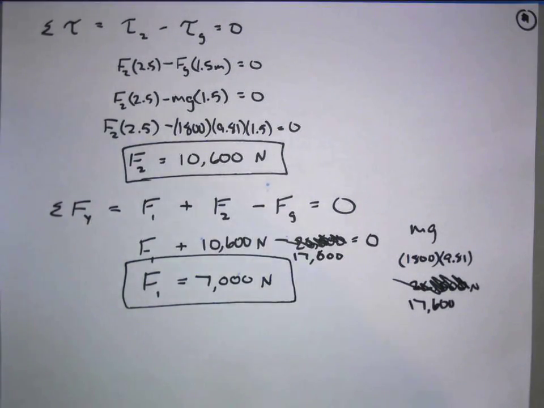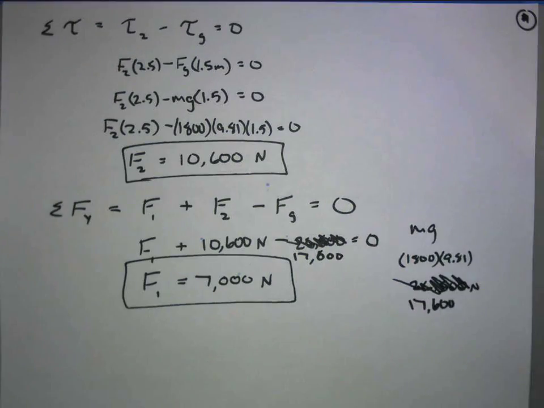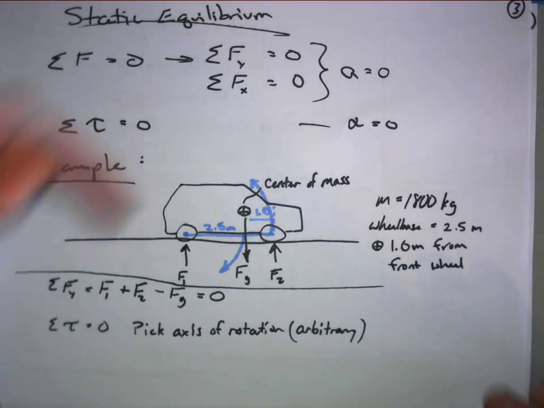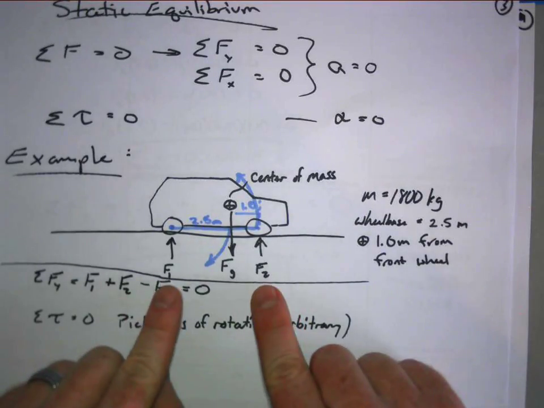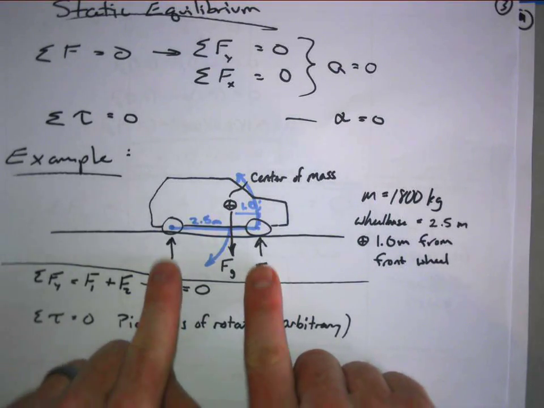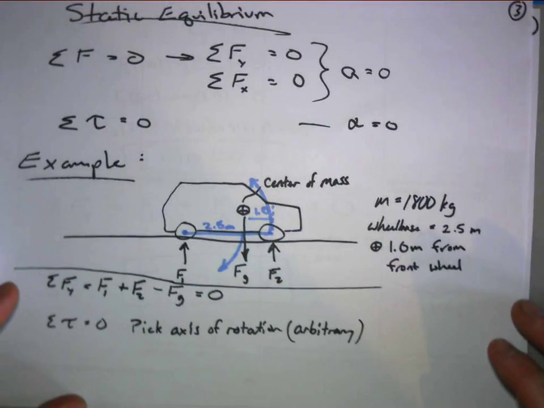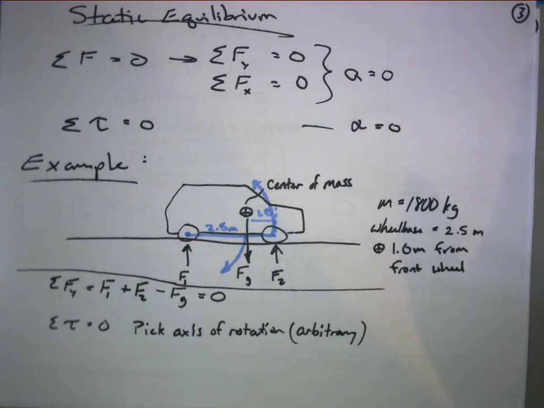Okay, watch my math here. So check this out. Recap. There are 3 forces acting on this vehicle. Weight pulling down, and F1 and F2, which are normal forces, pushing up. We are able to surmise the sum of forces is 0 in the vertical direction.